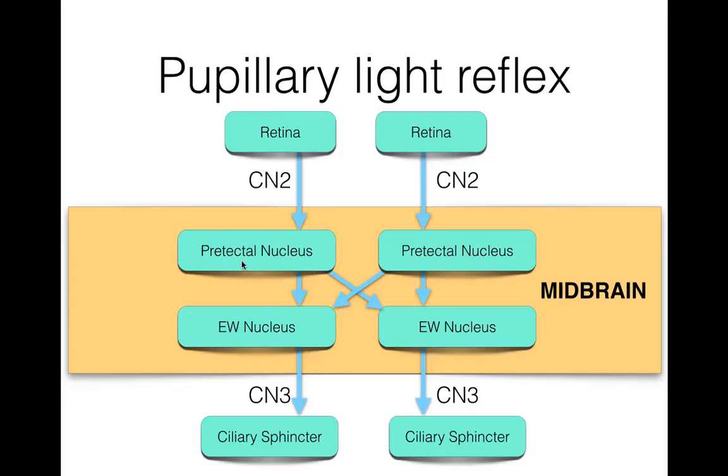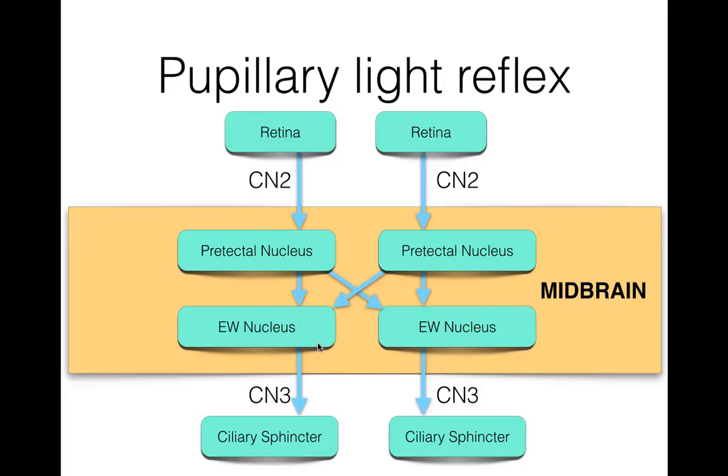This ultimately reaches the pretectal nucleus that relays that information to the Edinger-Westphal nucleus in the midbrain. Now, the pretectal nucleus also sends out fibers that cross over to the contralateral side and innervate the contralateral Edinger-Westphal nucleus. This crossing over of the fibers is responsible for the consensual light reflex.